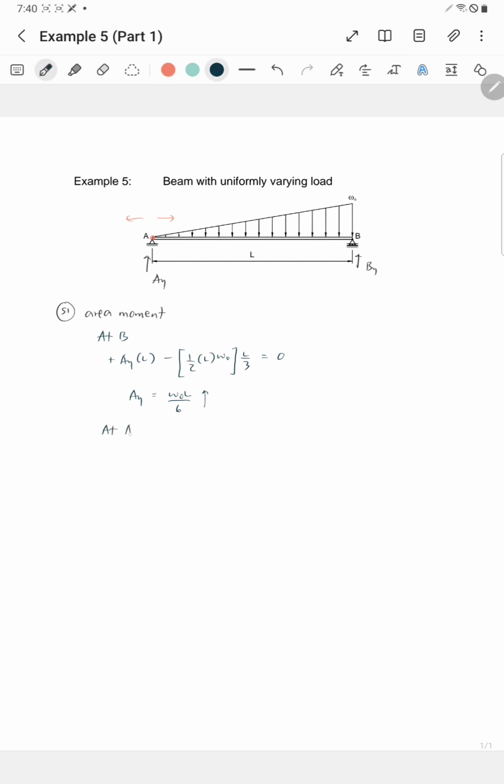At point A, moment left is 0 equal to right of A. Due to BY upward, the moment is positive, the lever arm is L, and due to the uniform load downward, negative moment, the total load is 1/2 LWO, and the lever arm from left is 2/3 of L. Okay, then BY is equal to WOL over 3. Positive meaning upward, the assumption is correct.